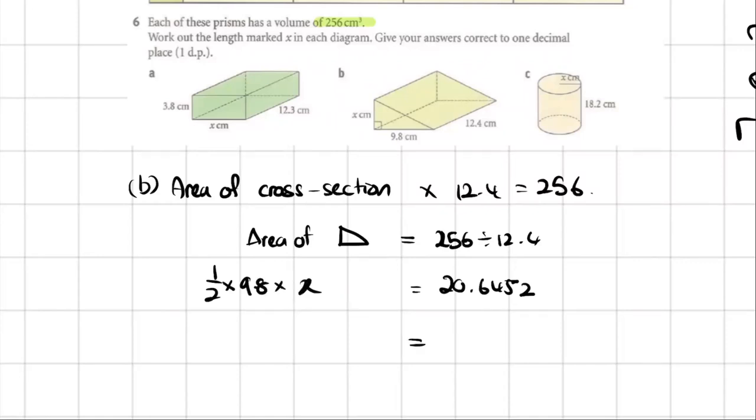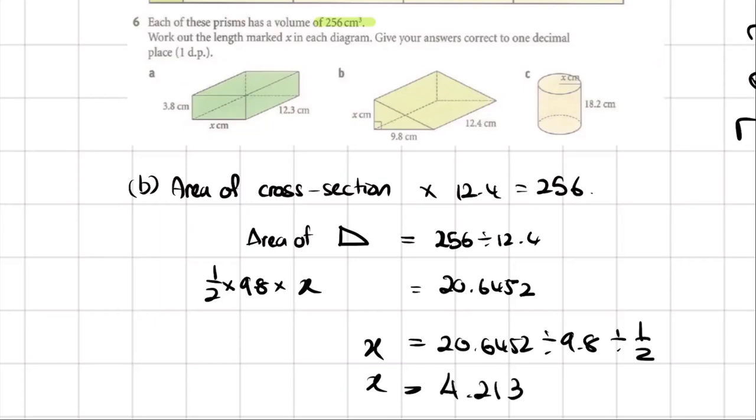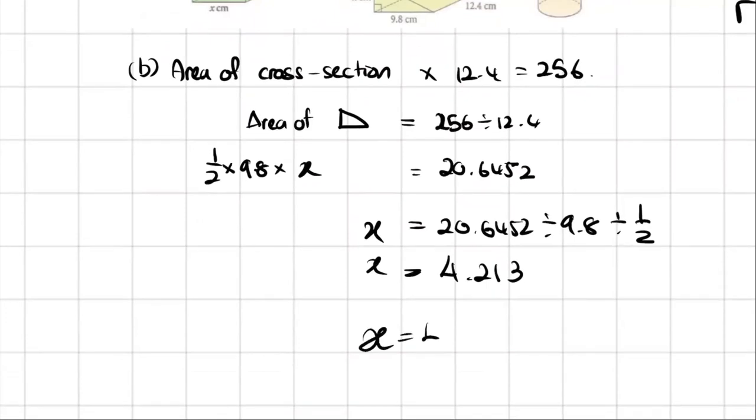So in order to find x, I need 20.6452 divided by 9.8 divided by 1/2. And so it'll be 4.213, rounded 4.2. All right.